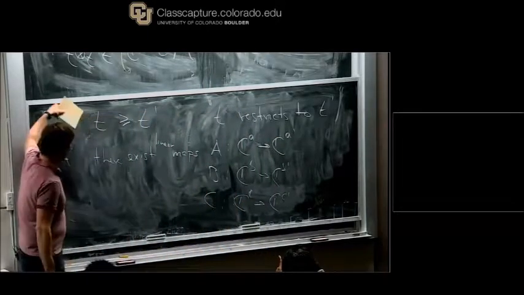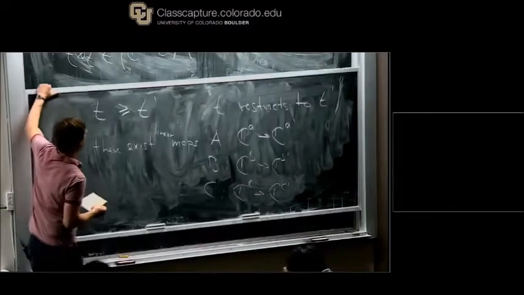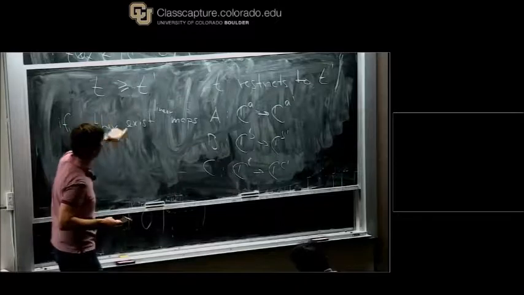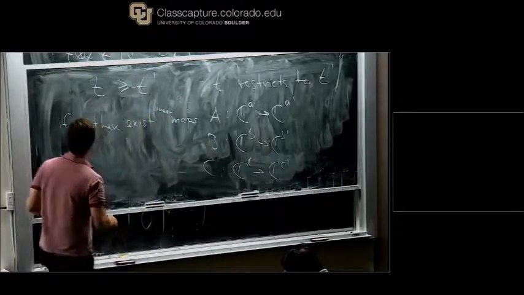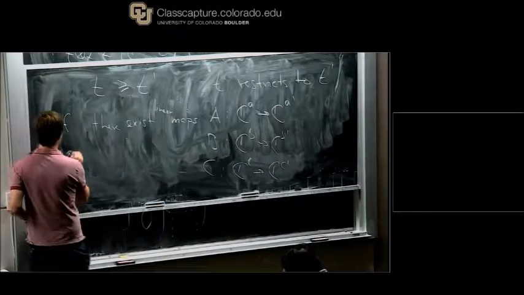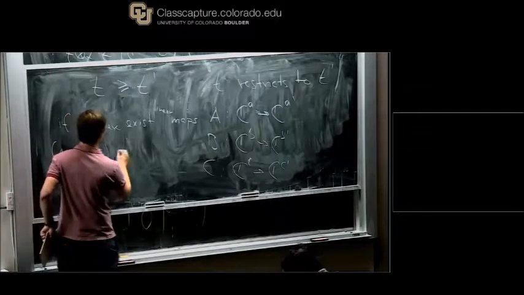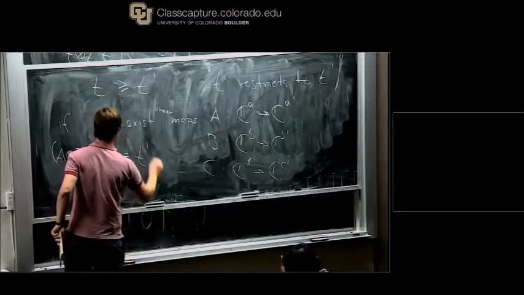So we say T is bigger than T prime, or T restricts to T prime, if there exist linear maps A, B, C, such that A tensor B tensor C, well, that's a big linear map, applied to T is equal to T prime.